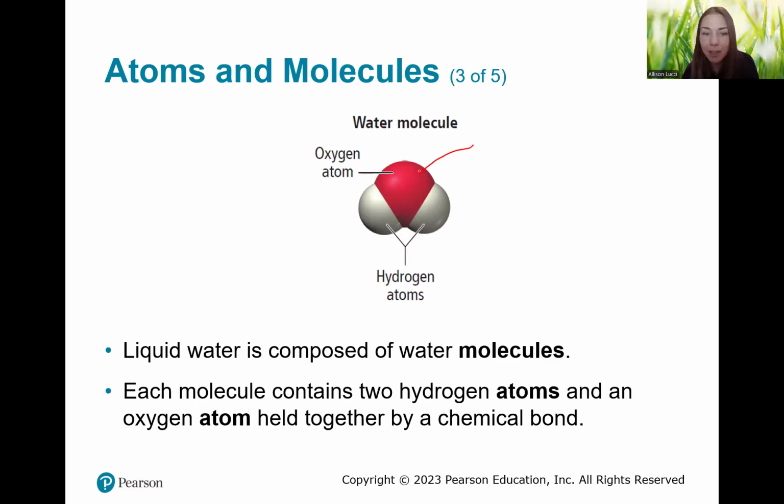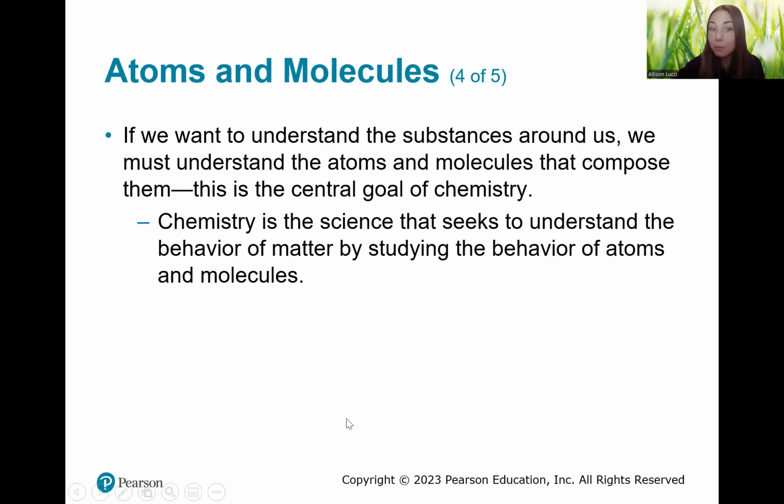Liquid water is what we most think of when we think about water, not always water vapor or the frozen ice phase. But we always have this same 1 to 2 ratio of oxygen to hydrogen atoms. And that's what makes water water, its identity.